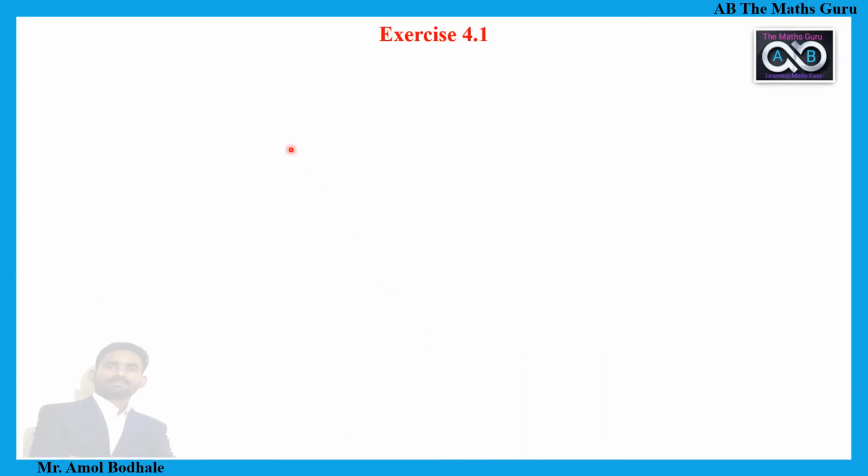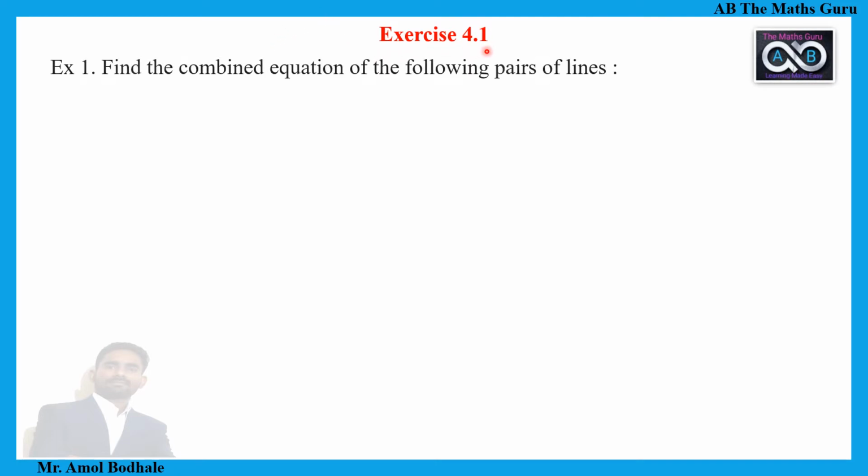Let's start the examples from exercise 4.1. The first example: find the combined equation of the following pair of lines. The first equation is 2x plus y equal to 0, and the second equation is 3x minus y equal to 0.